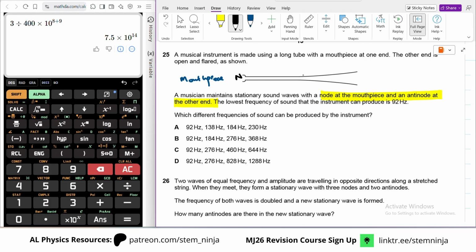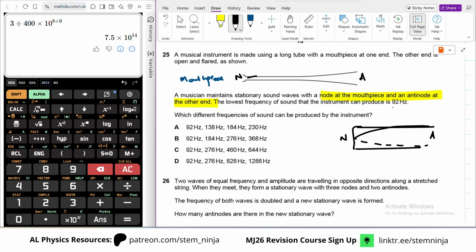The lowest frequency of sound that the instrument can produce is 92 hertz. So if I draw it this way, you have node and antinode. Which different frequencies of sound can be produced by the instrument?